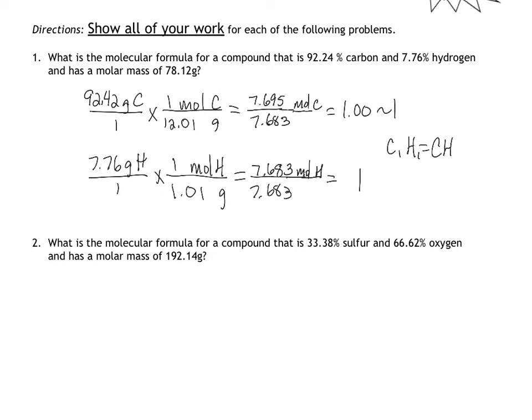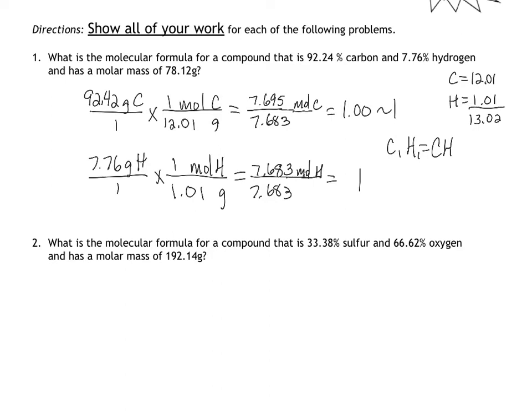Now, I was given the molar mass of 78.12. So the next thing I need to do is to figure out what is the mass of the empirical formula. So I'm going to take carbon and hydrogen, because it's a 1-to-1 ratio, and then add them together to find out what is my mass for the empirical formula. 13.02. So the next thing I need to do is just find out how many times 13.02 goes into 78.12.